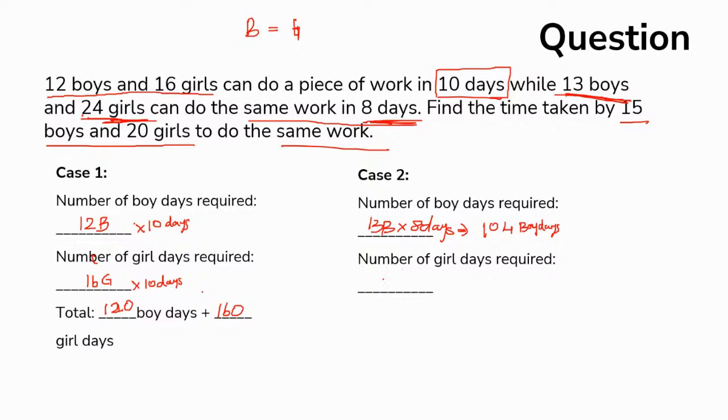And in the other case, it is 24 girls into 8 days, so 192 girl days.